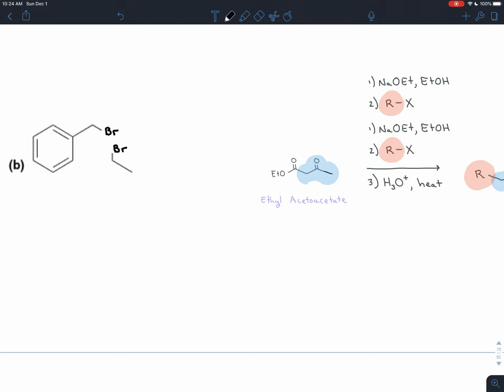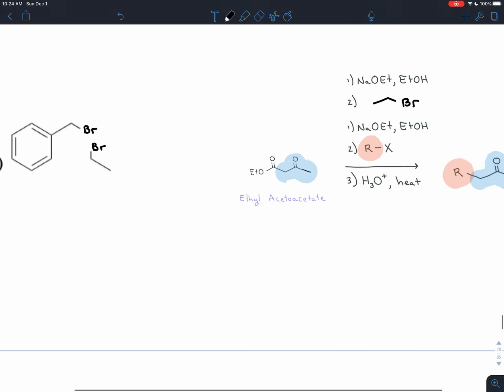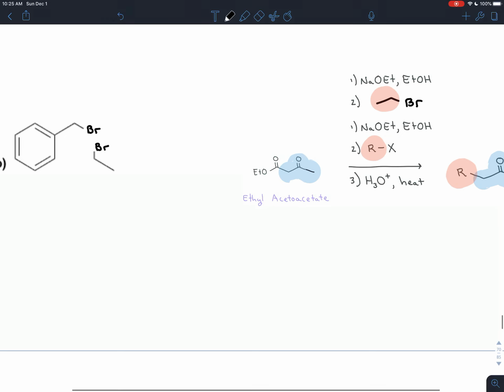So this first step, we'll rip the alpha hydrogen off here, turn that alpha carbon into a nucleophile. You can do an SN2 reaction with one of these. I'll just do this first one, so bromoethane. And then, once you have the bromoethane attached, you can attach the other alkyl group by doing the same procedure again.